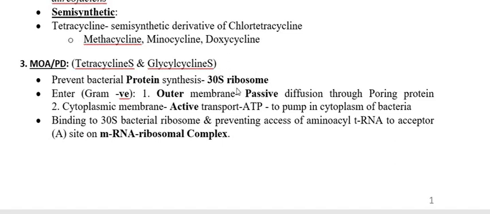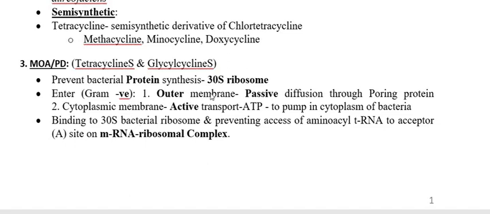Tetracyclines, as well as the other group, glycylcyclines, act on the 30S ribosome of the bacteria, and therefore inhibit bacterial protein synthesis and restrict the growth of the bacteria. First we have to see how these two groups, tetracyclines and glycylcyclines, enter the bacteria.